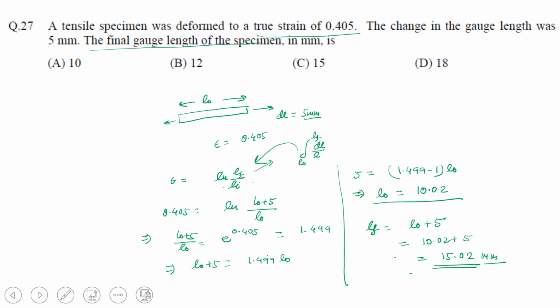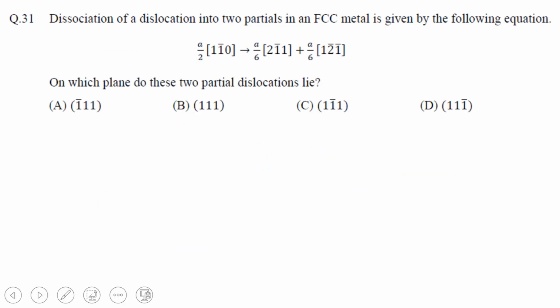Now let us solve the next question. Dissociation of a dislocation into two partials in an FCC metal is given by the following equation: a/2 [1 1bar 0] gives a/6 [2 1bar 1bar] plus a/6 [1 2 1bar].